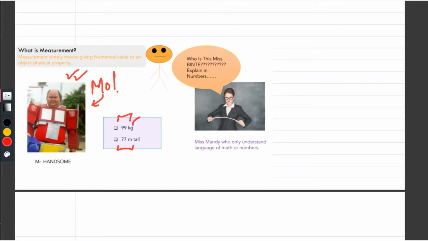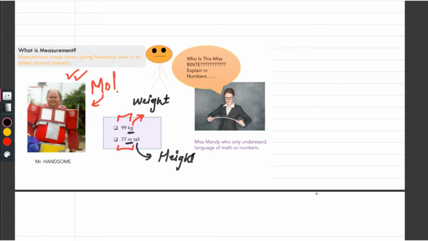What did I explain in 99 kg? It's weight. Excellent. And then 77 meters, what is this? Height. Excellent. How did you know that it's weight and it's height? Because of this kg and meters. Correct.